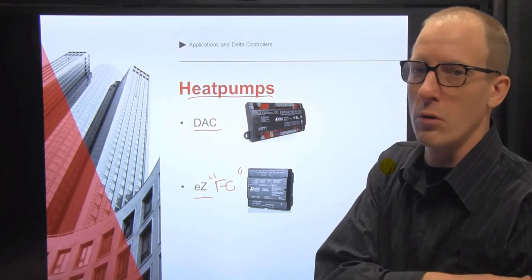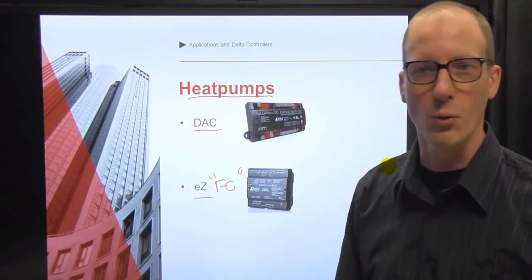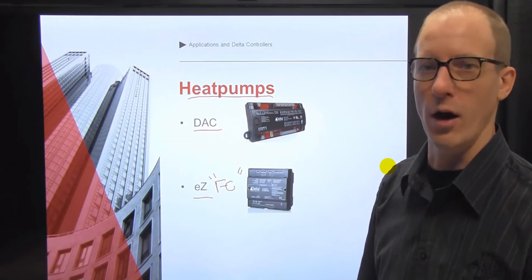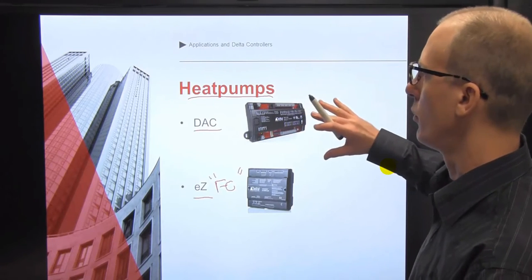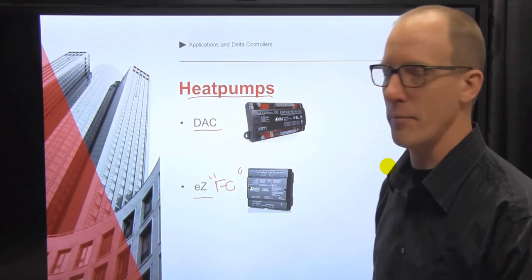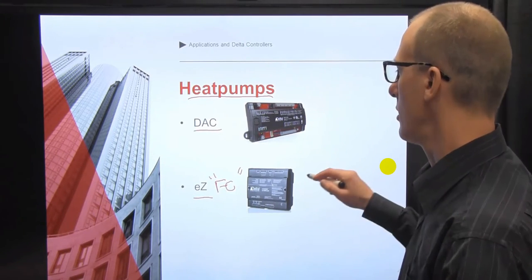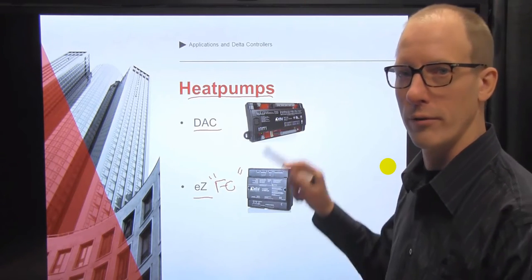A different controller would be called for those applications. I certainly wouldn't use a DAC to run a building-wide heat pump. That's asking a lot from a DAC. So again, choices for room-size heat pumps: DACs or EZ controllers, both will do the job. Again, the EZ controller will have a price advantage in terms of the controller hardware versus the DAC.